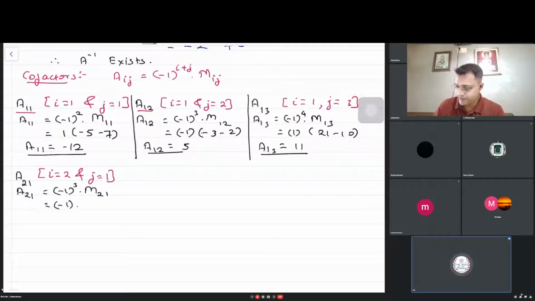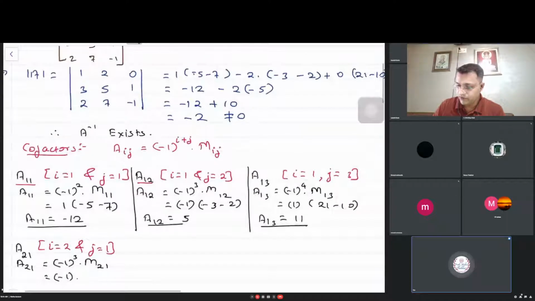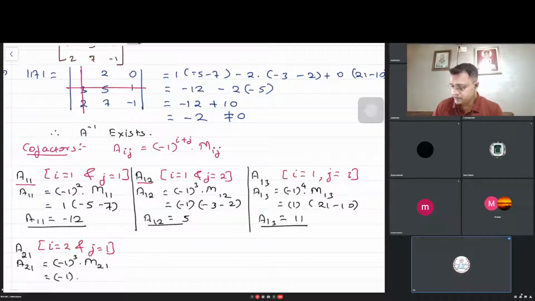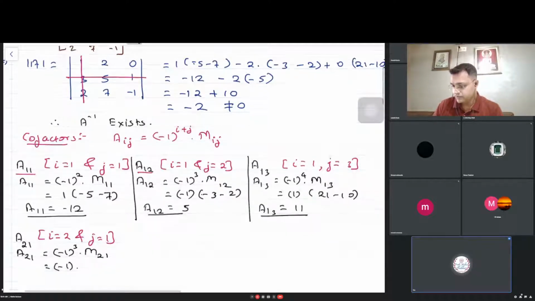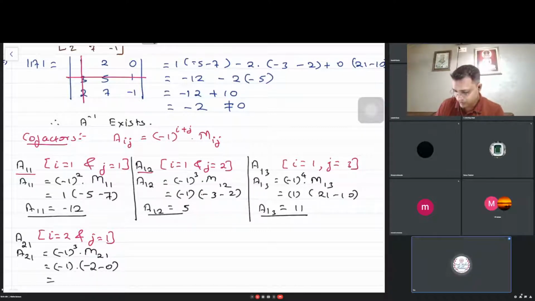This is going to be negative 1. And let me cover off the second row and the first column. So I get the value as minus 2 and minus 7 into 0 is 0. So I get just equal to 2. That is absolutely right.